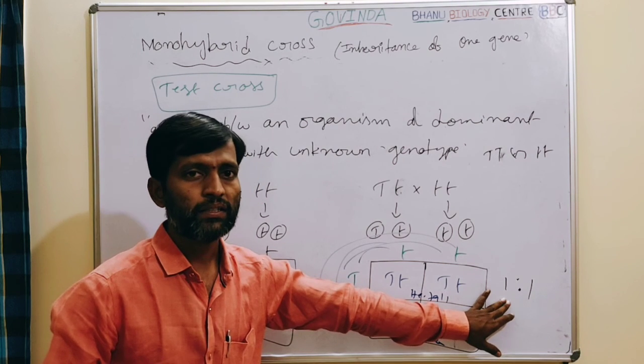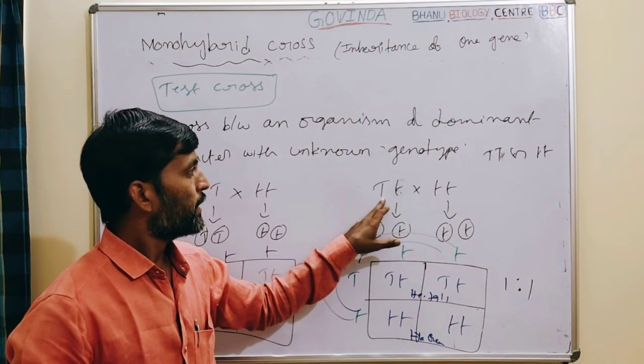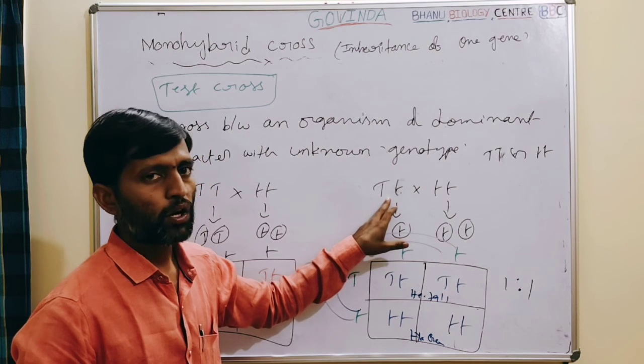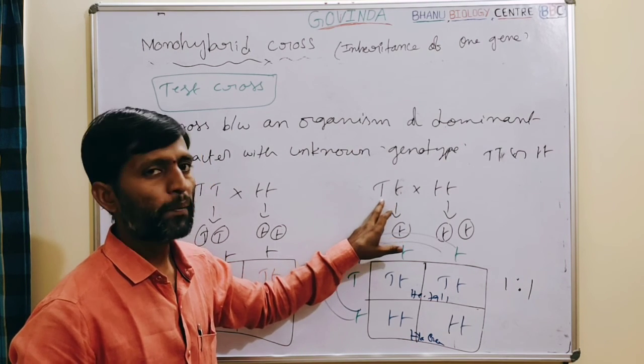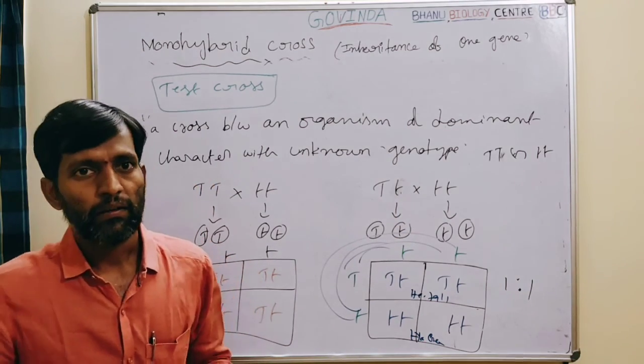By looking at this ratio, we conclude that the genetic constitution of the plant is capital T small t, that is heterozygous tall. The plant has one dominant allele and another one is the recessive allele.